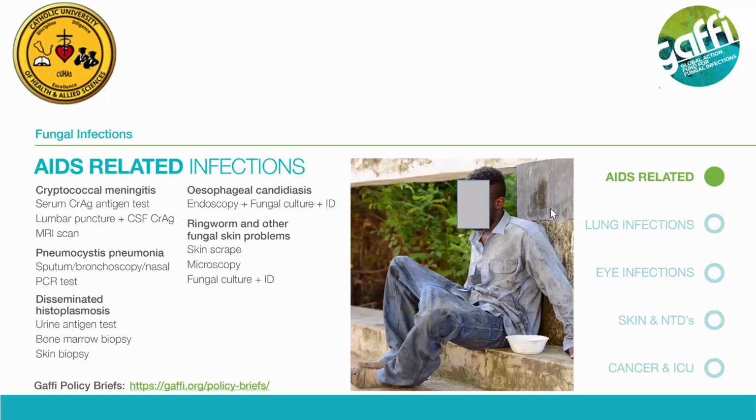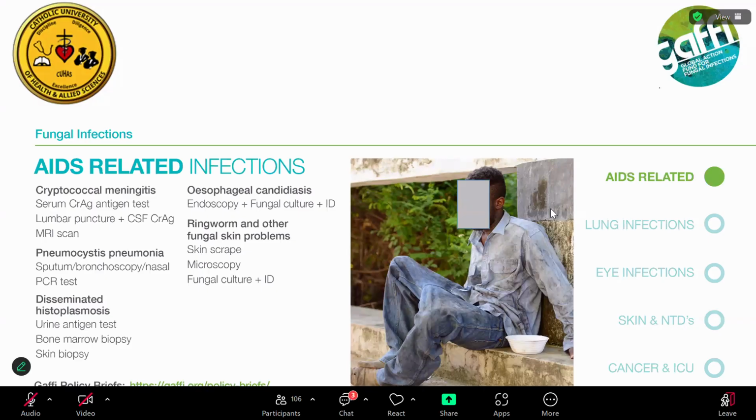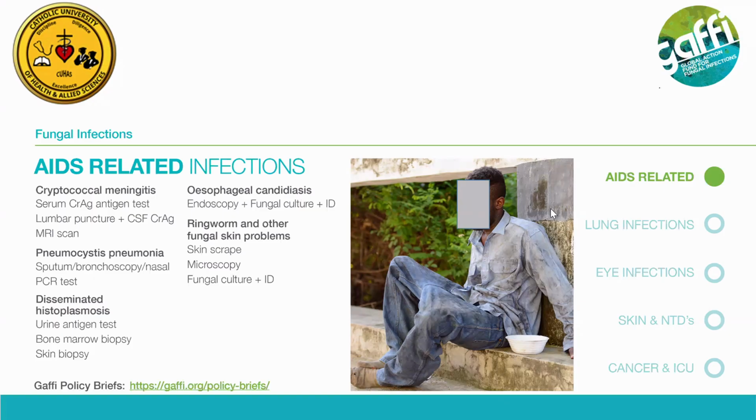For example, for infections like cryptococcal, we looked at the availability and utilization of antigen tests. And then for pneumocystis pneumonia, we looked at the availability and utility of PCR for diagnosis of pneumocystis. Also for culture, we looked at the availability, the protocol, and utility of fungal culture in different laboratories.